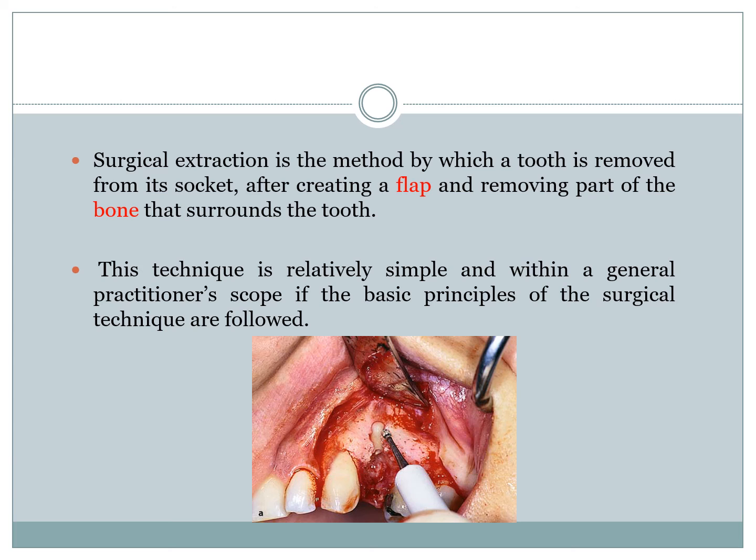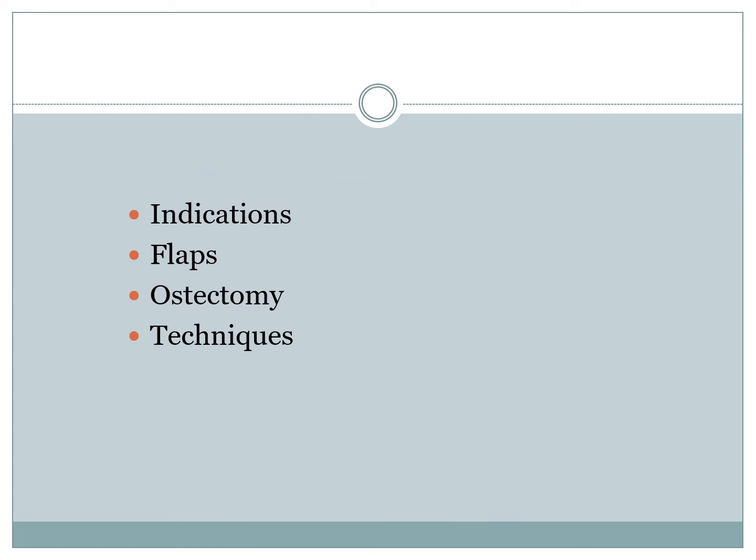This technique is relatively simple and within the reach of the general practitioner, if the basic principles of surgical removal are followed. You can see the diagram here, they are using the handpiece, then only they can take out the root fragment after raising the flap. So the indications are the normal, depends upon the dilacerated tooth and angulated tooth like that.